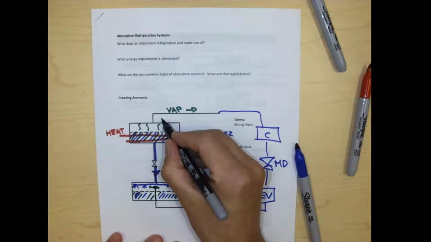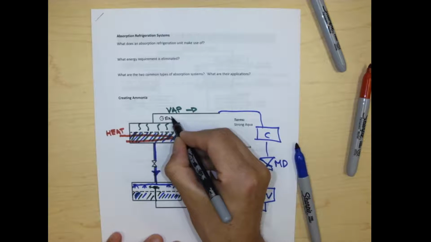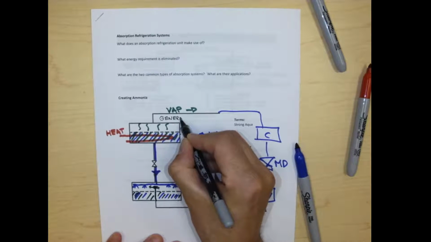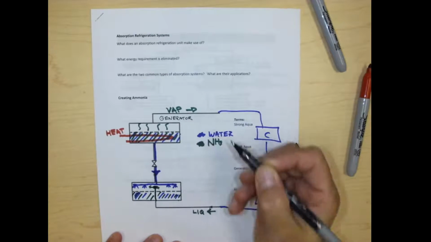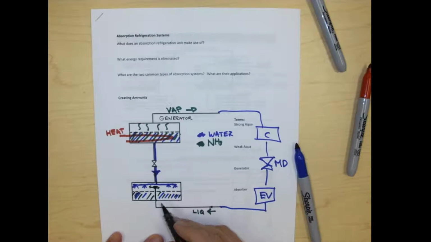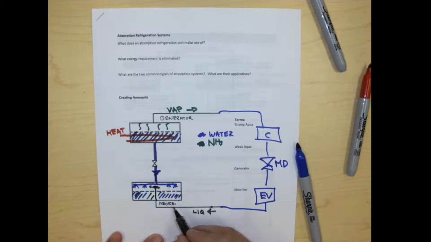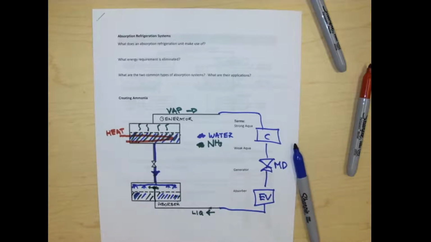Okay, so this guy's my generator. And this guy, what he's doing is he's absorbing ammonia. So this guy is my absorber. Okay, so I have two different components there.